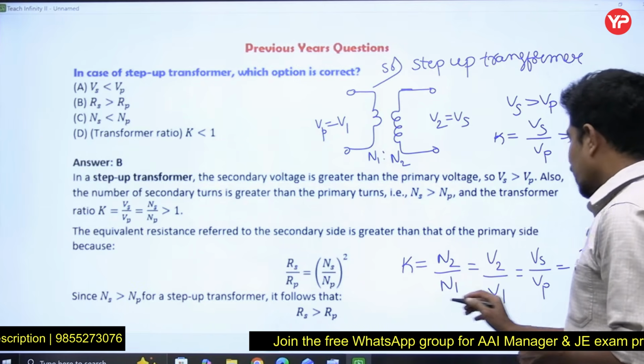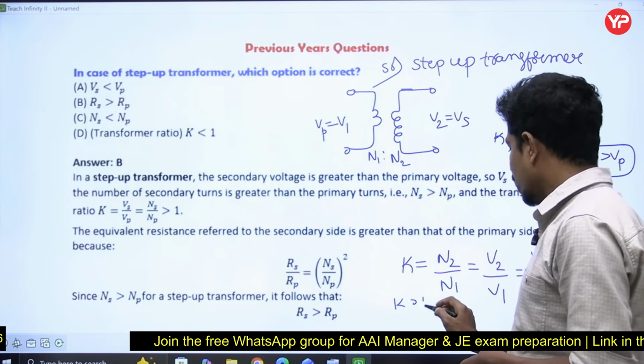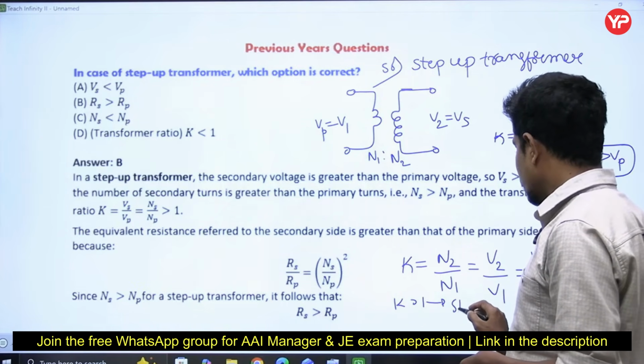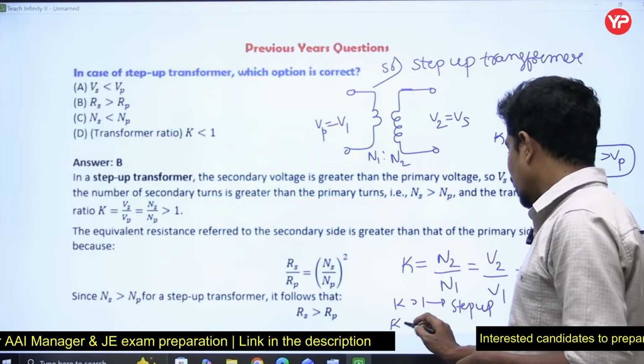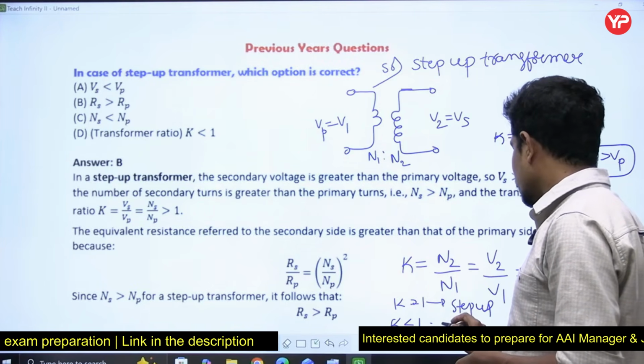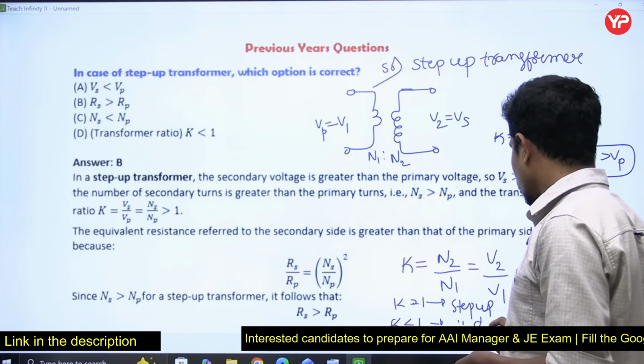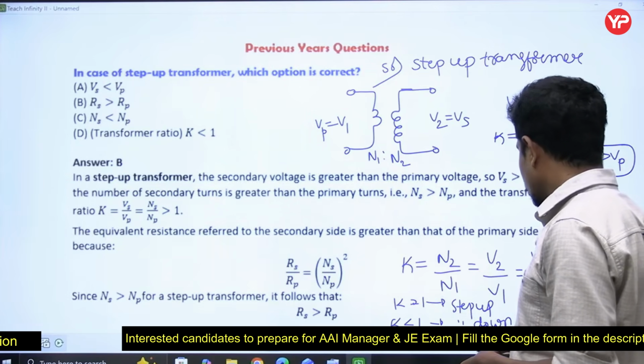K is greater than 1 for a step up transformer. K is less than 1 for a step down transformer.